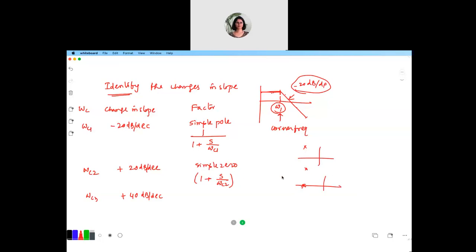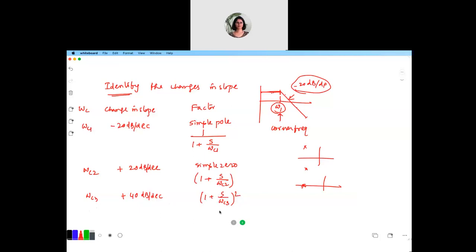So if I get plus 40 dB per decade, I will take the factor as a double zero, and I'll write it as 1 plus s by omega C3 whole square. This is the easier one, not the perfect or exact one, but this is easier. Whenever I have plus 40 dB per decade, if no other information is given, then I will take it as 1 plus s by omega C3 whole square. If I have minus here, then it will be 1 divided by that.